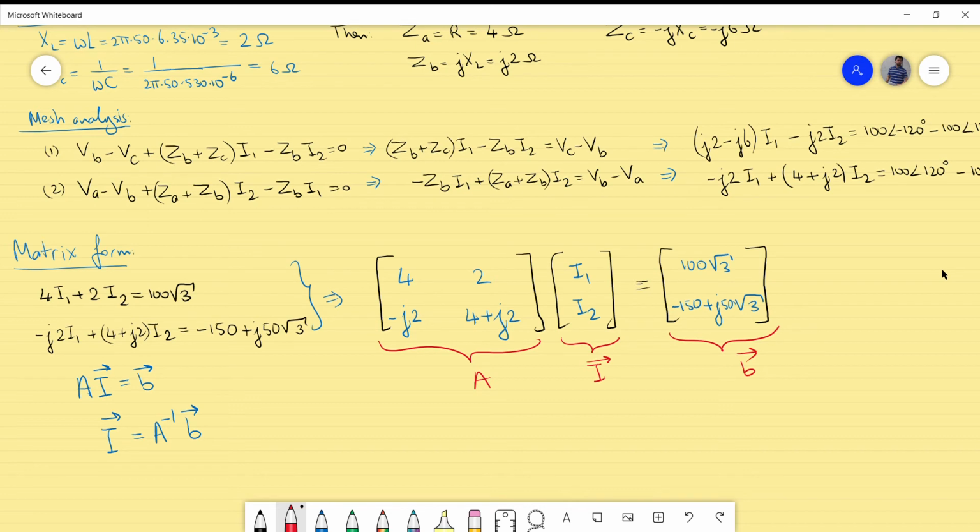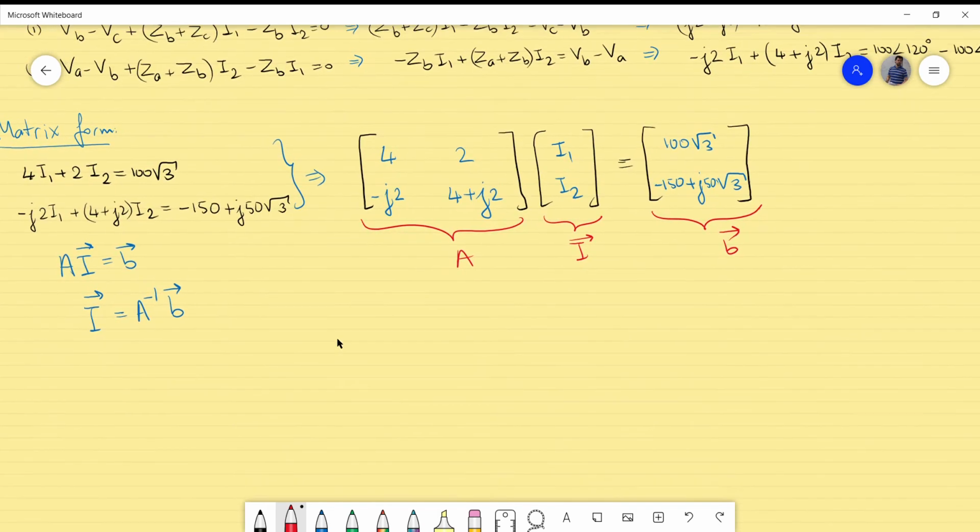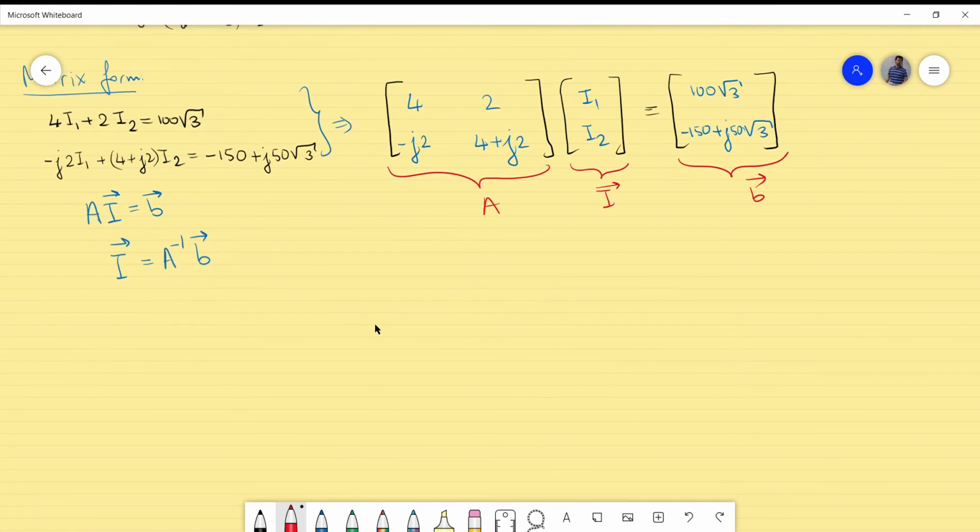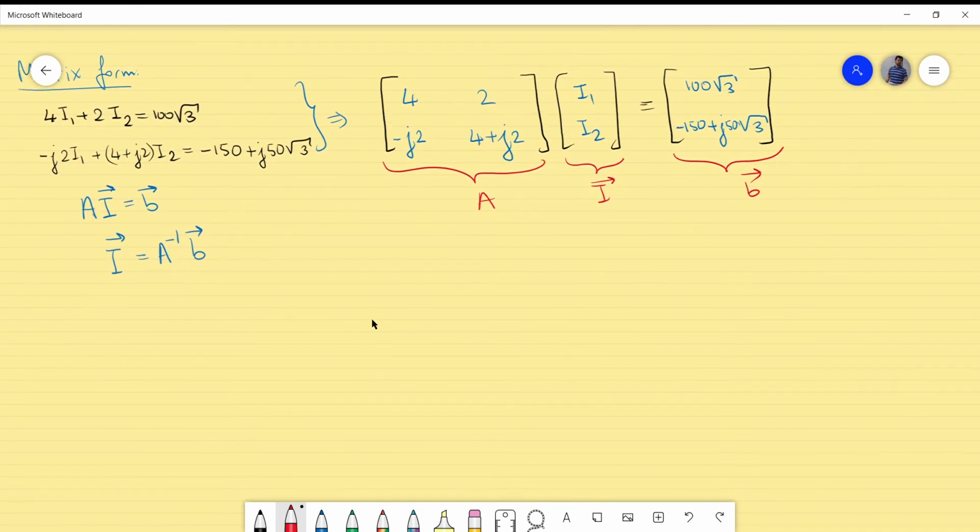If you look at this expression, I would like to determine the inverse of the matrix A. So first, let's do that. How do we calculate the inverse of the matrix?